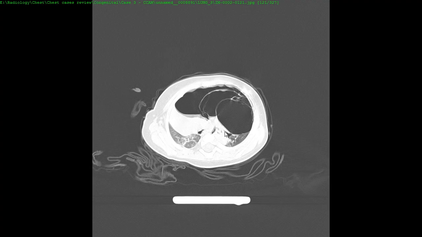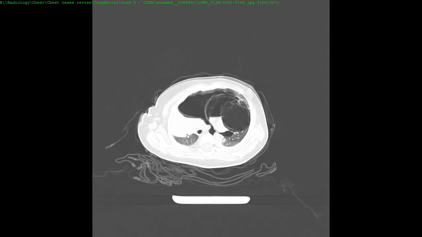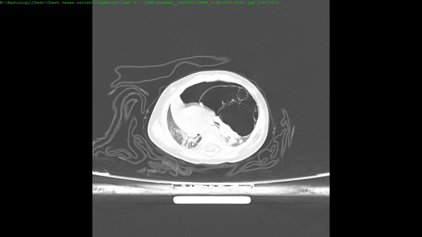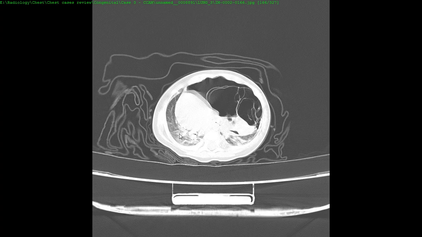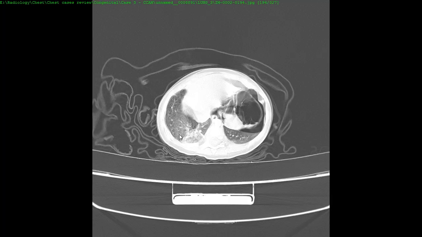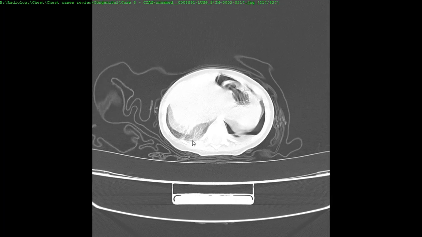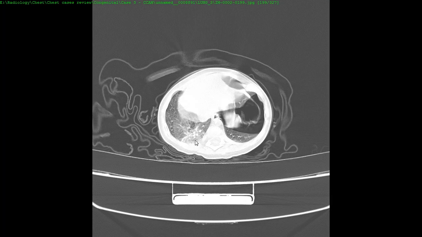The rest of the lung is partly aerated and partly collapsed. It has a large mass effect with a sizable mediastinal shift towards the right side. Because of this mass effect, we have this minimal effusion.